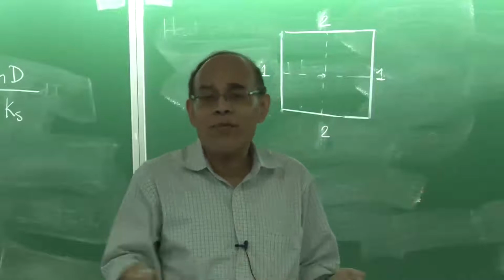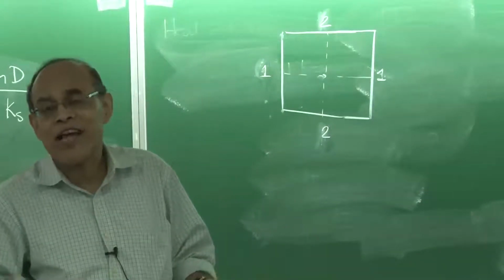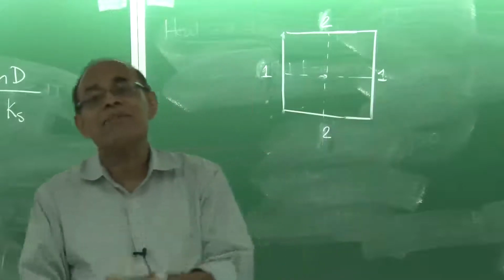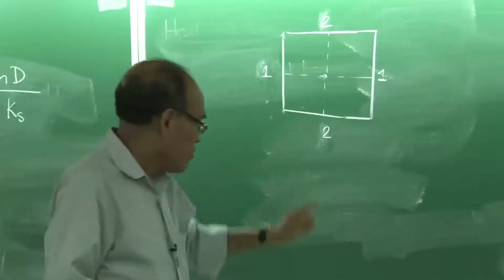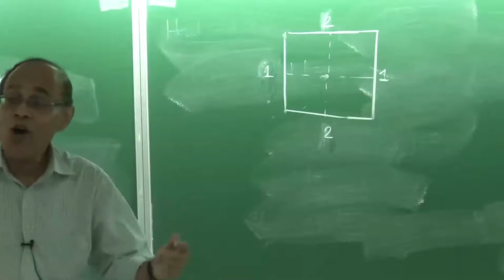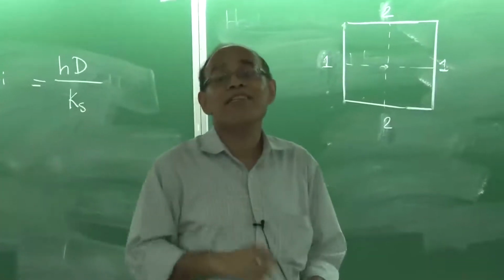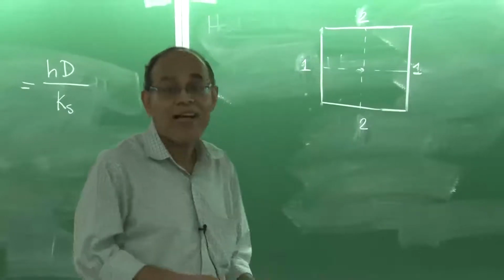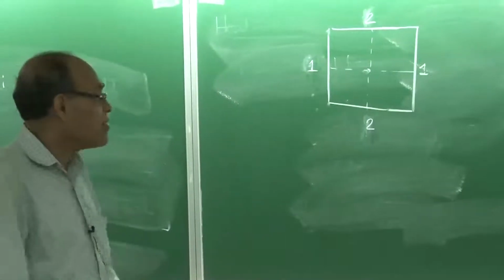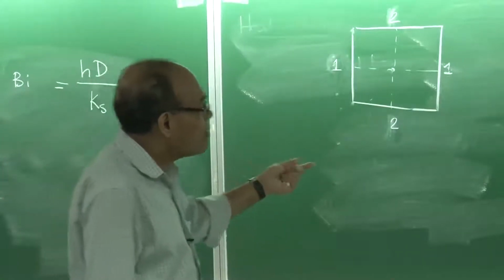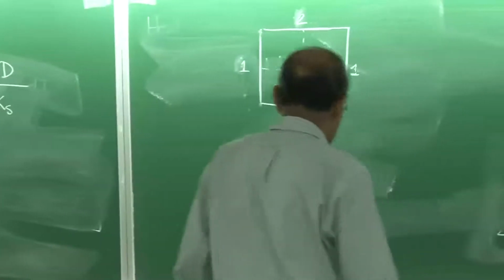I do not have to do any calculation or write any equations. I can say, after 3 days you can come and you will find that the slab temperature is the room temperature itself. But how long it will take to come from 1000 degrees to room temperature is a parameter of interest, and that warrants that we deal with heat conduction not under steady state, but under unsteady state conditions.